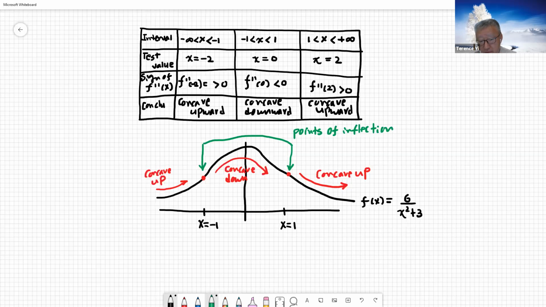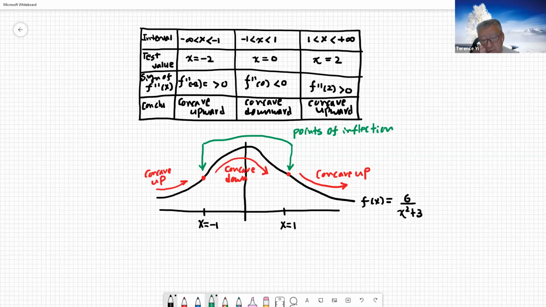So when we finish the analysis here, if possible, you can draw the graph of the given function, and you can visually see what's happening in terms of concavity from the graph that you see there.